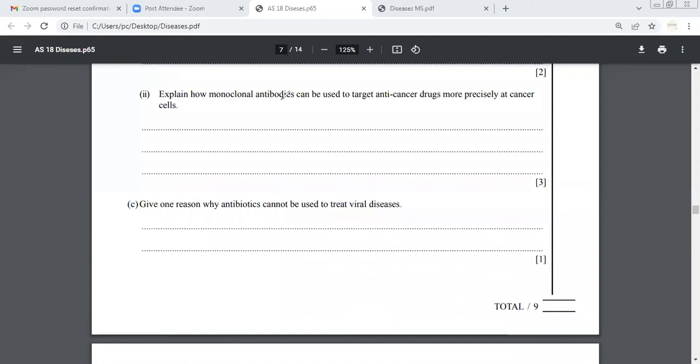Explain how monoclonal antibodies can be used to target anti-cancer drugs more precisely at cancer cells.